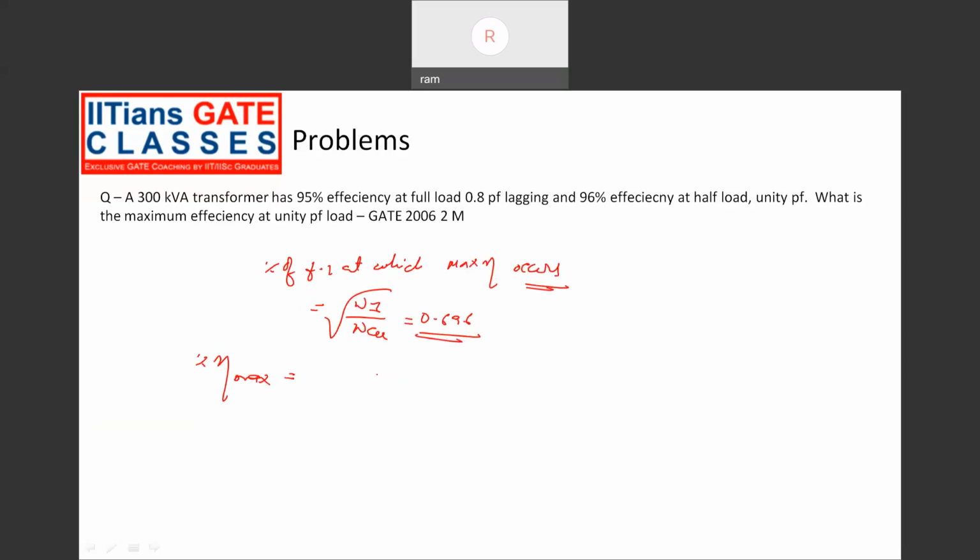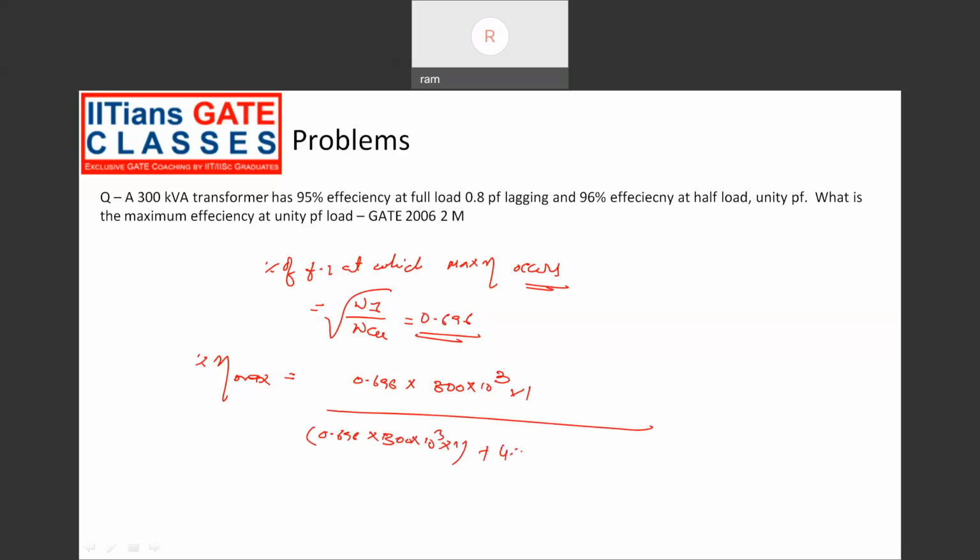Now eta max equals x times, right? This is a fraction. So 0.696 into 300 into 10 cube into 1, divided by that plus iron losses plus copper losses.